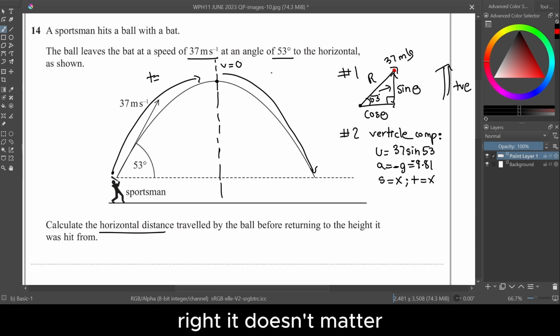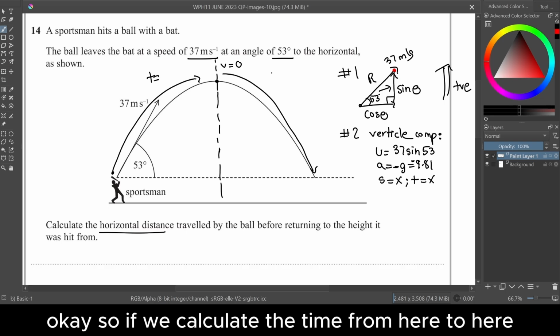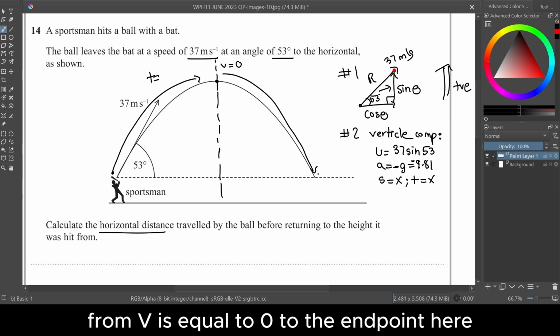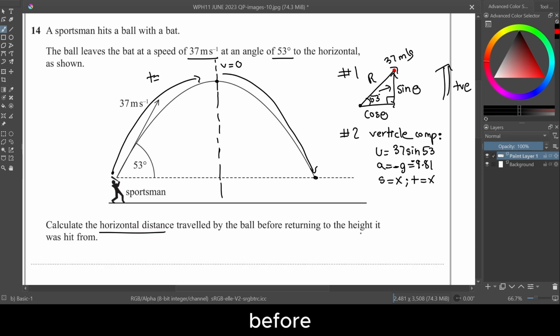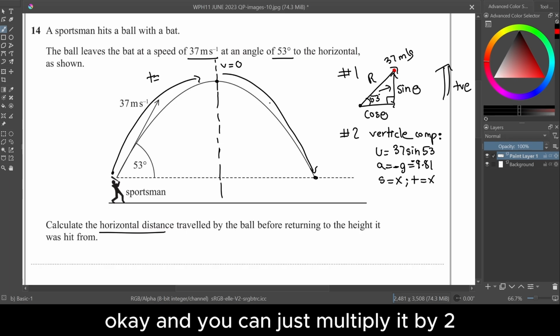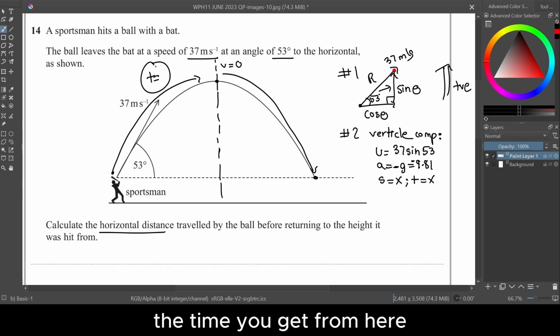It doesn't matter whether it's a vertical or a horizontal component, the time will be the same. So if we calculate the time from the start till v is equal to 0, it's the same from v equal to 0 to the end point before it returns to the height from where it was hit. And you can just multiply the time you get from here by 2. So let's do that quickly.